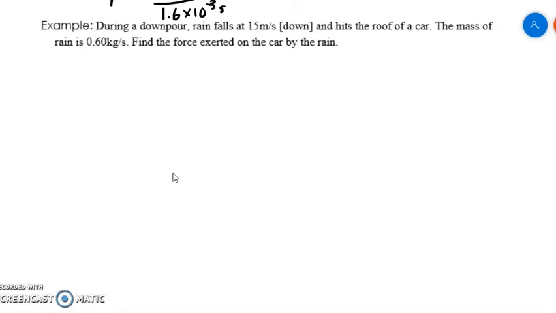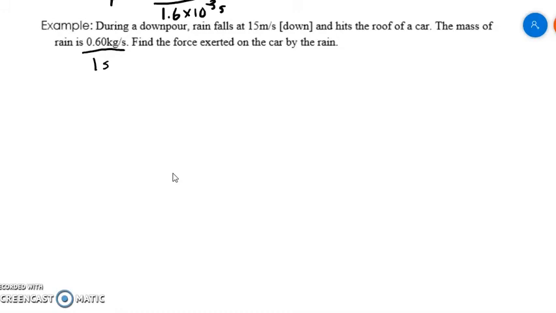Now this is a weird question because mass is usually not measured in kilograms per second, but what this question is really asking you to figure out is what's the force exerted on the car by 1 second worth of rain. So we're not going to calculate force in newtons per second. We're just going to calculate it in newtons, but we're going to assume we're talking about 1 second here.